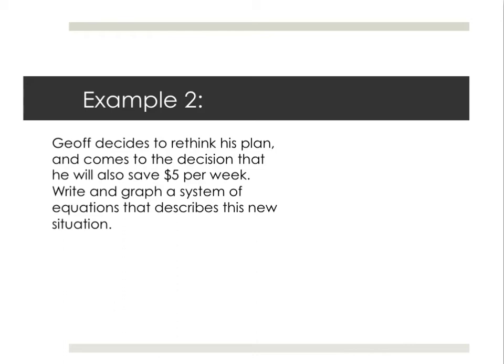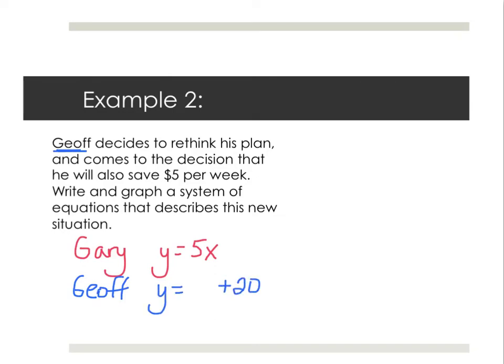All right, so remember Gary was in red before, so Gary's situation isn't changing, so his equation stays the same. Jeff, on the other hand, is changing a little bit. He's still going to start with $20, but instead of getting $2.50 a week, he's going to have $5 a week. So you can already probably tell what's going to happen here, but let's go ahead and graph it.